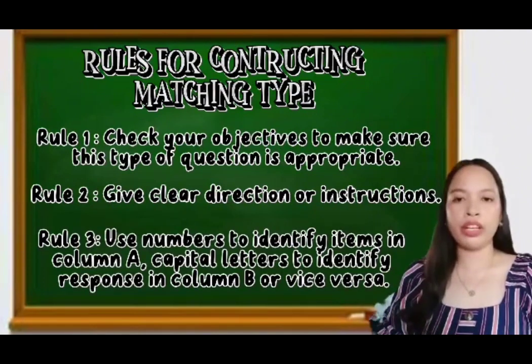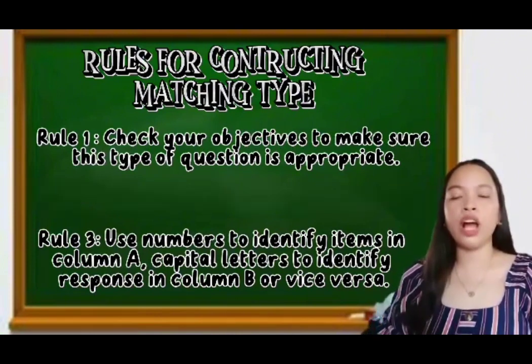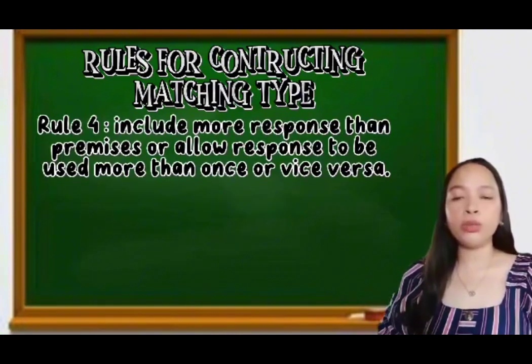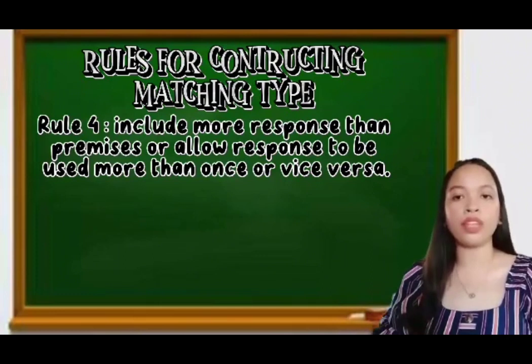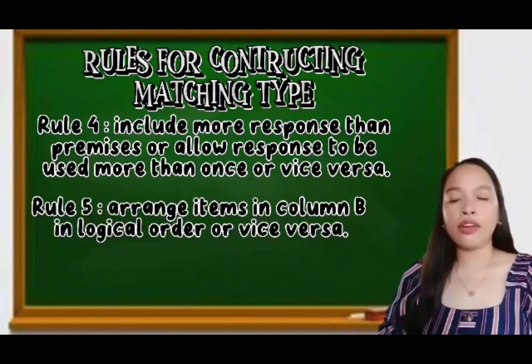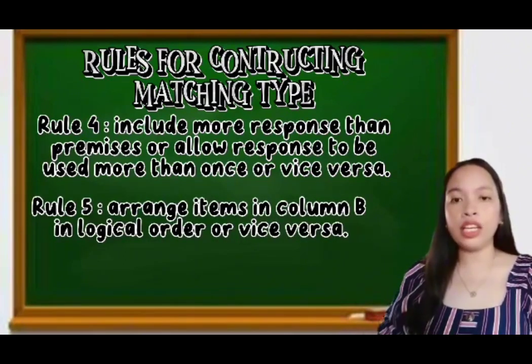Rule number 3. Use numbers to identify column A and capital letters for the responses in column B, or vice versa. Rule number 4. Include more responses than premises or allow responses to be used more than once. Rule number 5. Arrange items in column B in logical order.